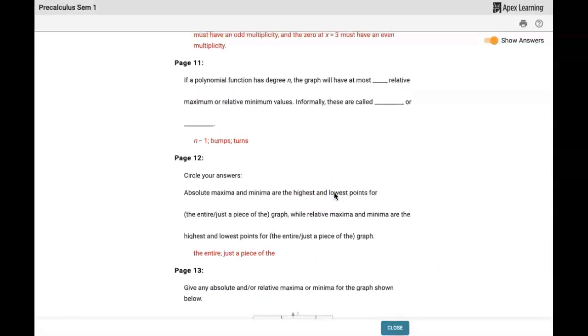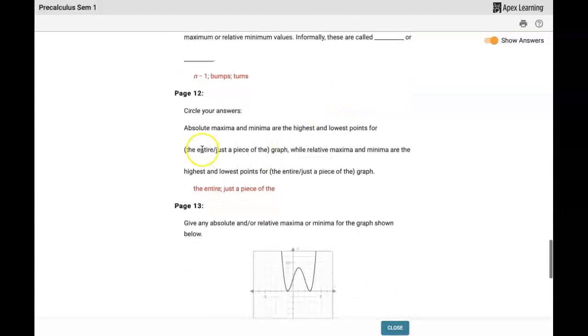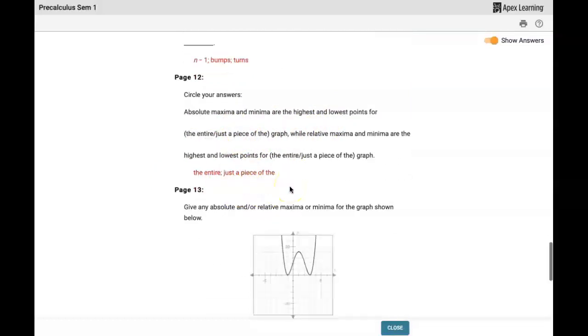If a polynomial has a degree n, then the graph would have at most n minus 1 relative bumps or maximum. Informally, these are called bumps or turns. An absolute maximum or minimum are the highest or lowest points for the entire graph. The absolute is the entire graph, whereas relative is just that small piece.